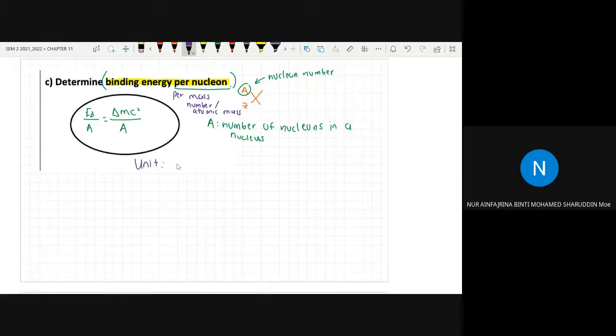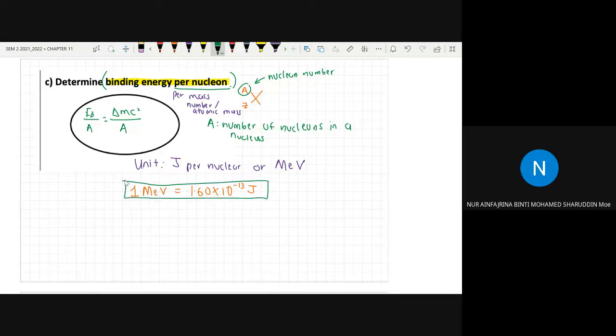Unit dia adalah joule per nucleon, or it could be mega electron volt. So meaning 1 mega electron volt equals to 1.6 times 10 to the power of negative 13 joule. Okay, this is the unit conversion.